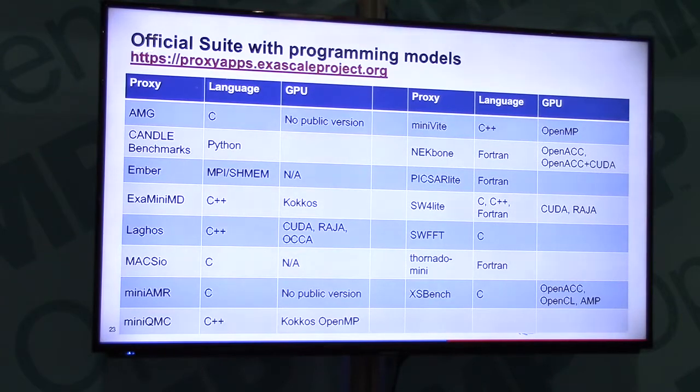This is a suite available from the ECP project that has these types of implementations. In addition, we're working with the SPEC community to create benchmarks that have OpenMP offload, as an example of how this can be used and of best practices for applications.